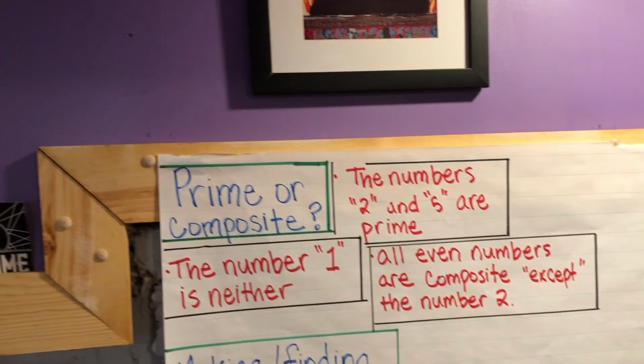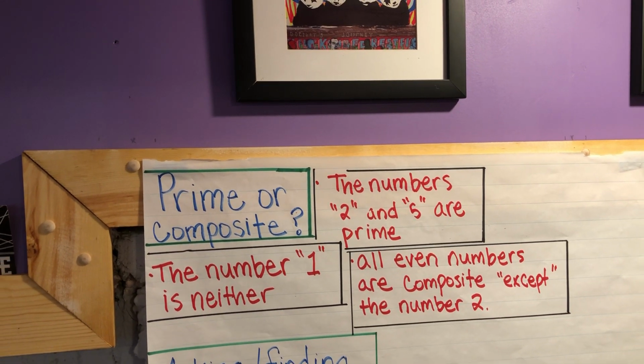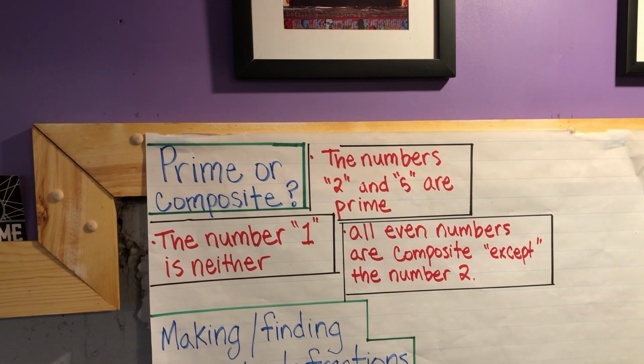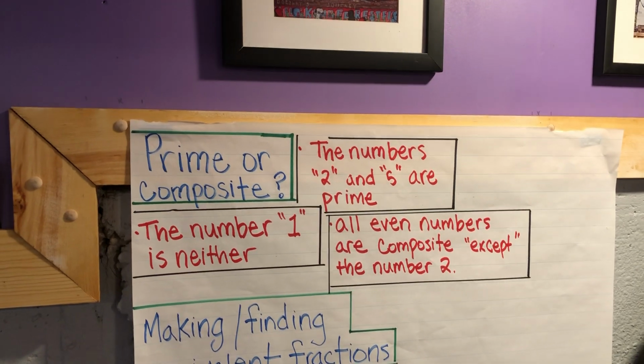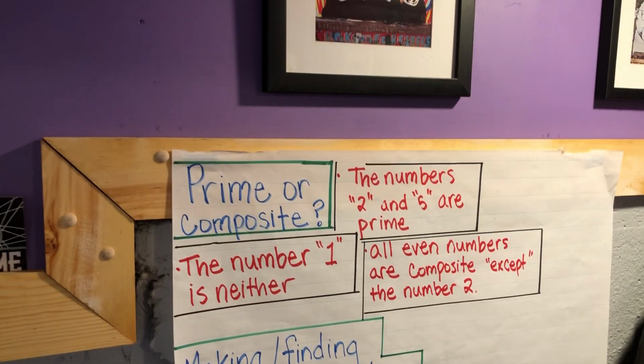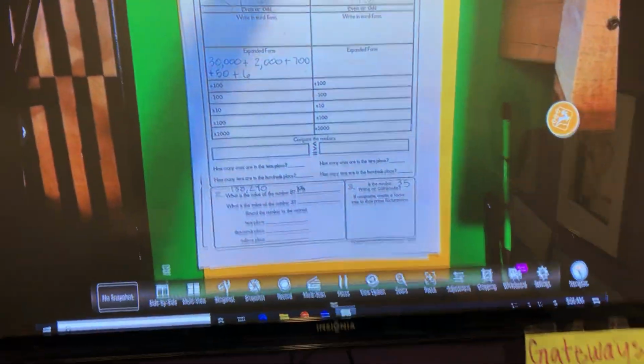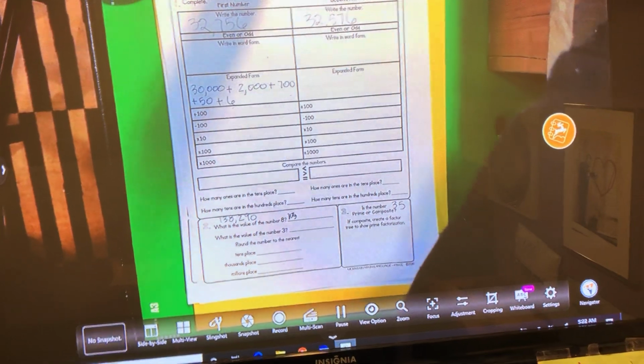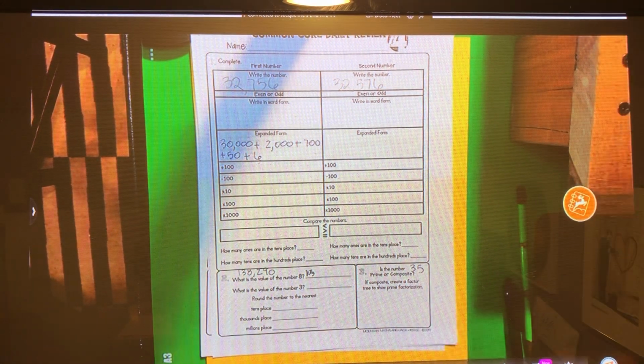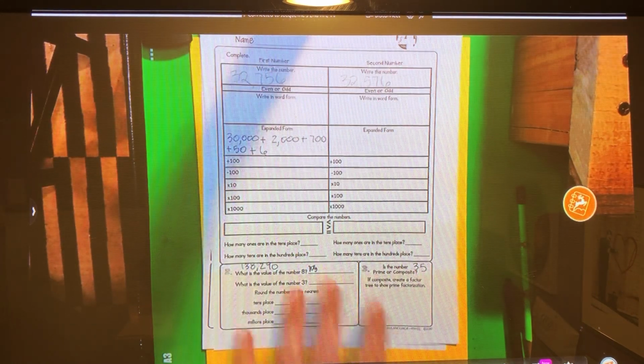Okay, so those are some hints for you to get you through number 3. I will also go ahead and post that picture of that chart to our class dojo. Is the number prime or composite?